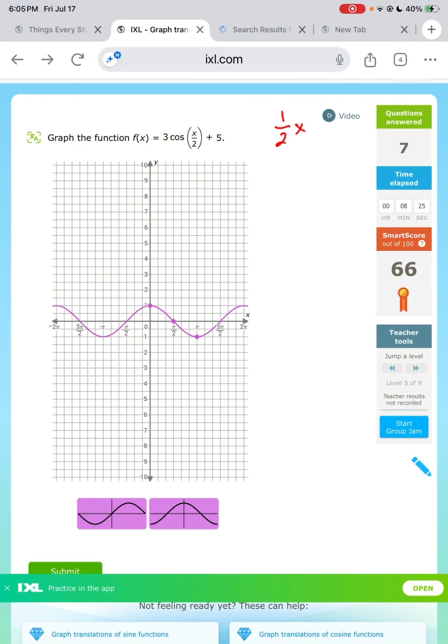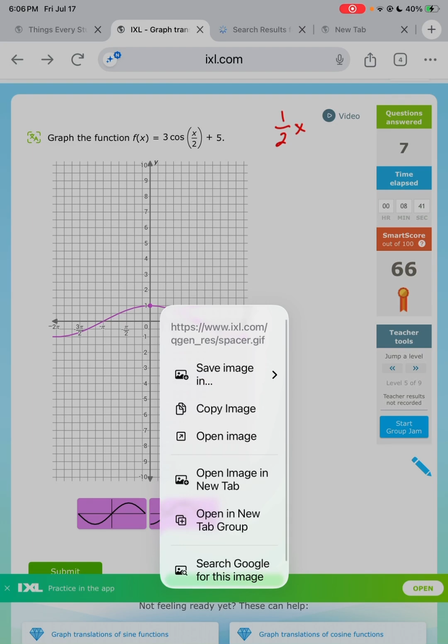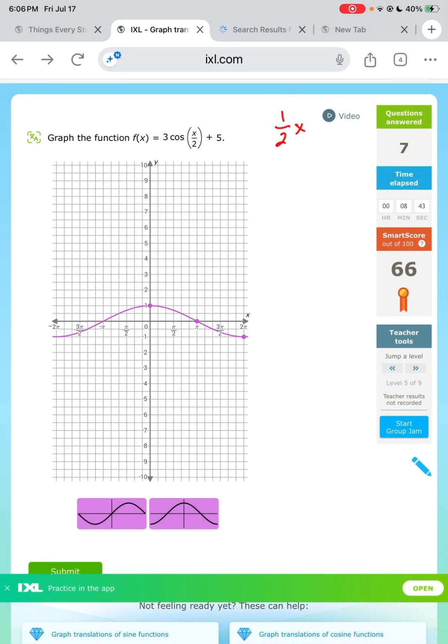When you multiply 0 times anything, it's going to stay 0. So the way that I actually stretch this on IXL is I'm going to pull this pi over 2 dot over to pi, and I'm going to pull that top dot back to 0 where it was before. Again, the pi over 2 dot, which was 3 boxes over, is now 6 boxes over. What used to be at 0, 1 is now still at 0, 1, and this graph is twice as wide as it used to be.